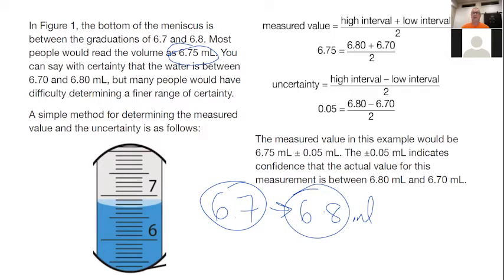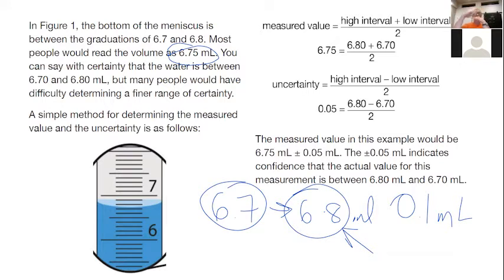We know that for absolute certain because we can see it's higher than 6.7. It's not on the 6.7 and it's below the 6.8, because that is what our intervals are on the piece of equipment we're using. This particular graduated cylinder has ticks at every 0.1 mils. And so we'd say that our high interval is 6.8. We know that it's less than 6.8.